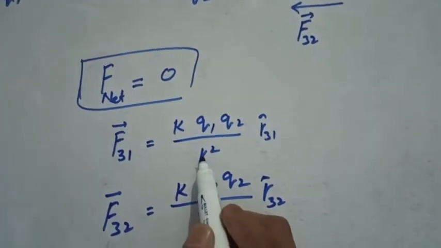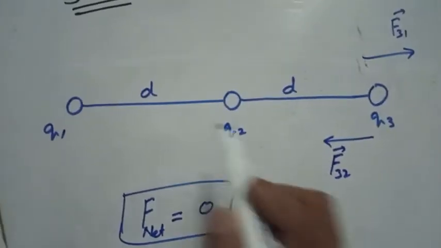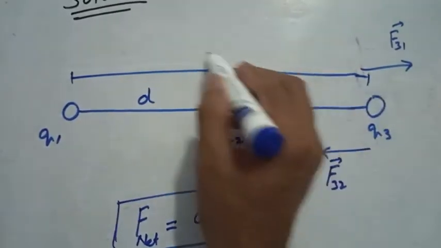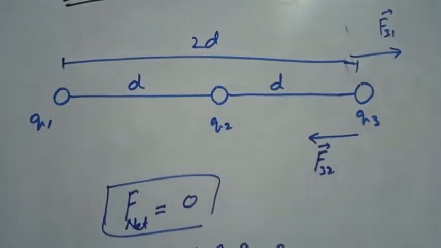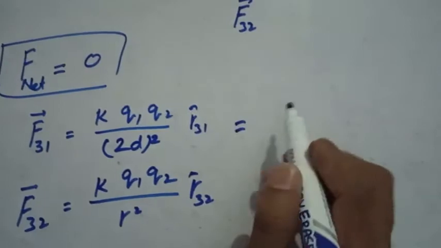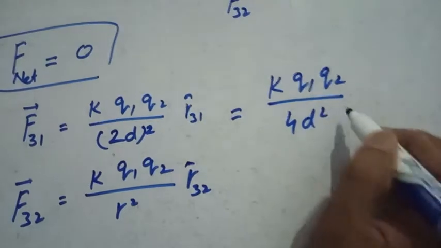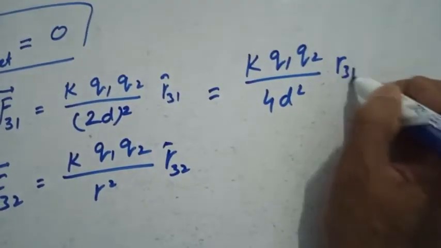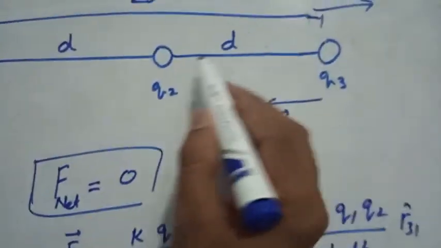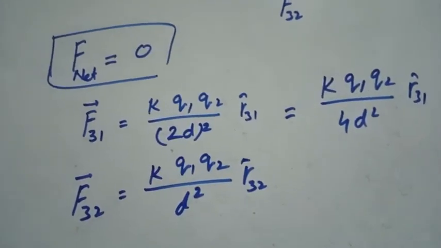Now r represents the distance between two charged particles. The distance between charge q1 and q3 is d plus d, that is 2d. So this becomes 2d square, and it is written as k q1 q3 over 4d square, r31 hat. And the distance between charge q2 and q3 is equal to d, so I write it as d square.